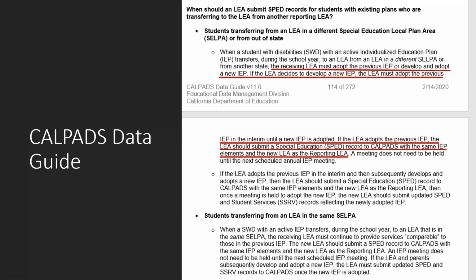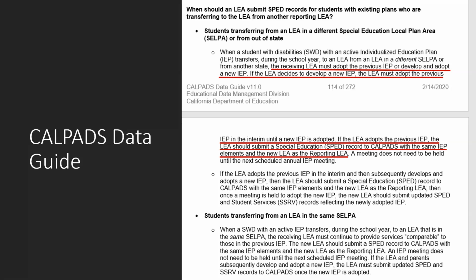The receiving LEA must adopt previous IEP or adopt a new IEP. If the LEA decides to develop a new IEP, the LEA must adopt the previous IEP in the interim until the new IEP is adopted. If the LEA adopts the previous IEP, the LEA should submit the special education program records with the same IEP elements and the new LEA as the reporting LEA.